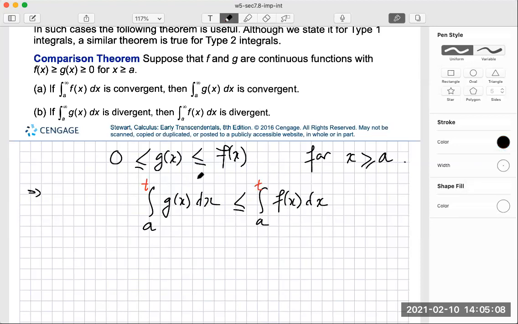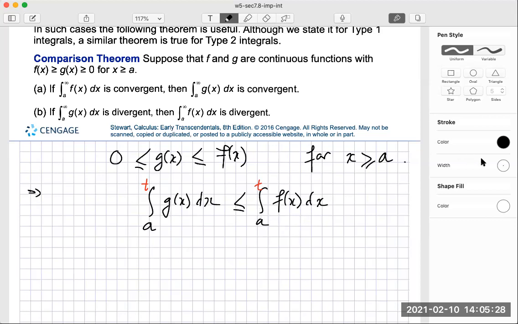Right? Because g is smaller than f, then the area under the curve of the g function is smaller than the area under the curve of the f function. Makes sense. From a specific interval, from a to t, for example.